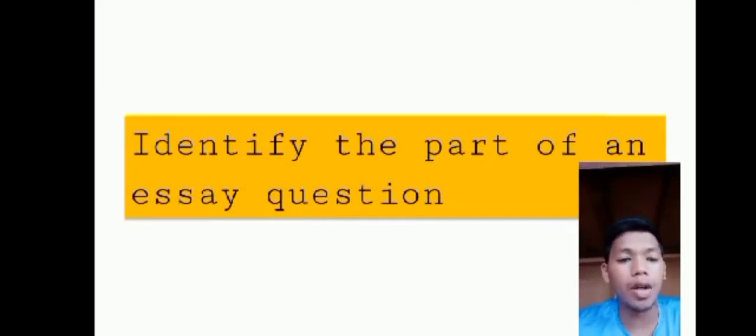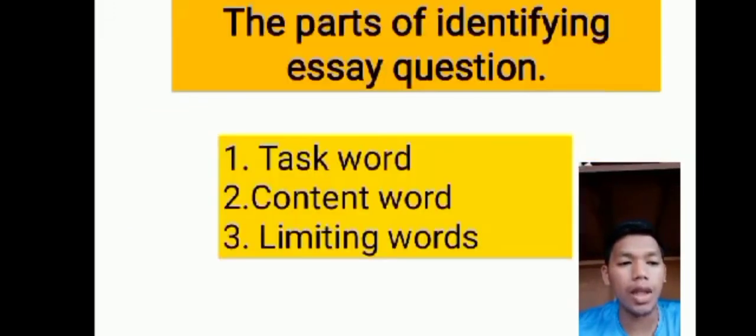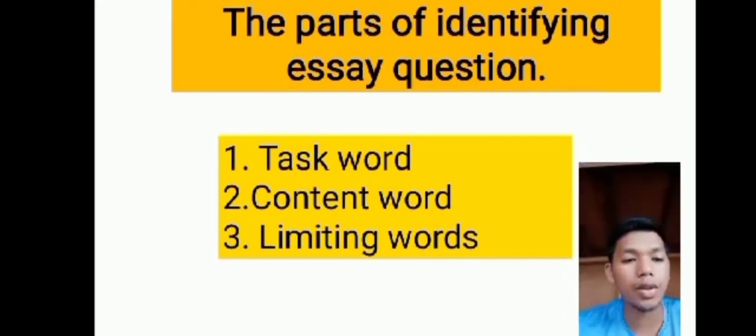Identifying the parts of an essay question. An essay question has three parts. First, task word. Second, content word. Third, limiting word. Task words are words that tell you what to do, for example: compare, discuss, critically evaluate, explain, etc. Content words. These words in the essay topic will tell you which ideas and concepts should form the knowledge base for the assignment.